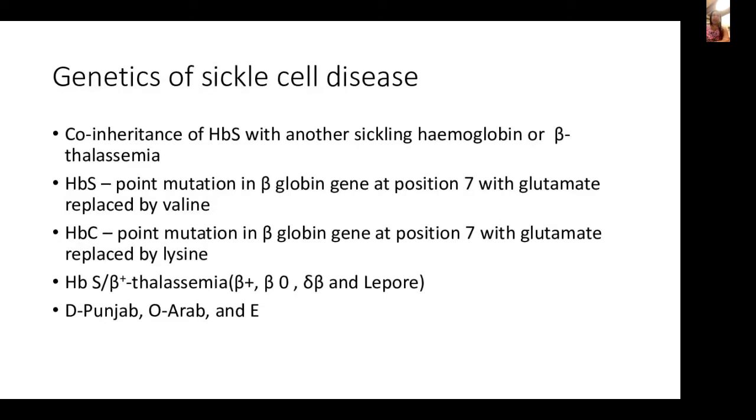Other more common in Asian and Middle Eastern populations are D Punjab, O Arab, and E. So that's just the genetics. In summary, you need a hemoglobin S with another sickling hemoglobin to have sickle cell disease. Sickle cell anemia is when you've got two S's. That's just a bit of the nomenclature.